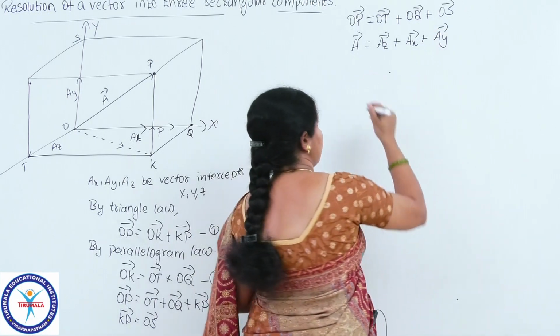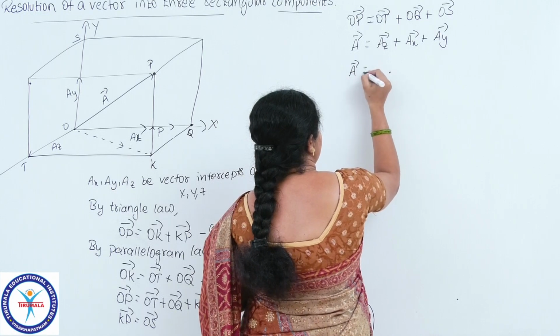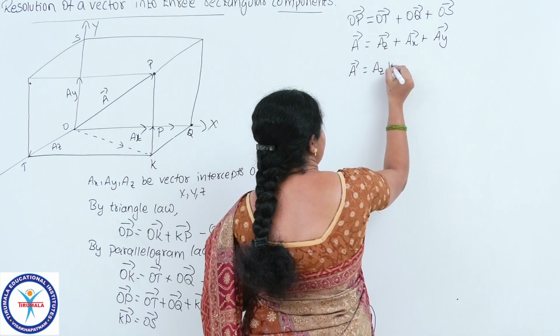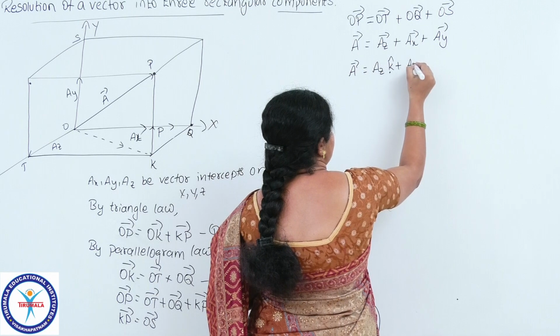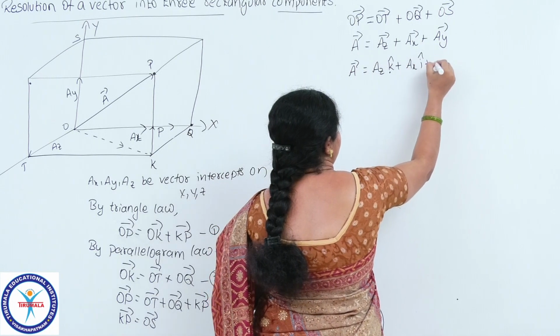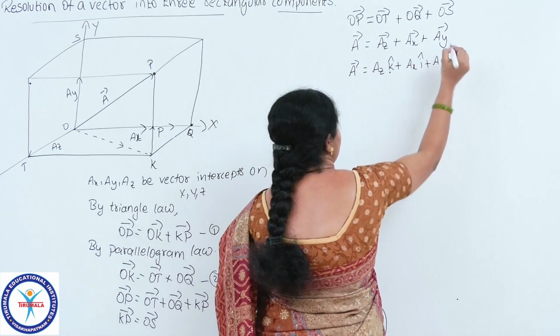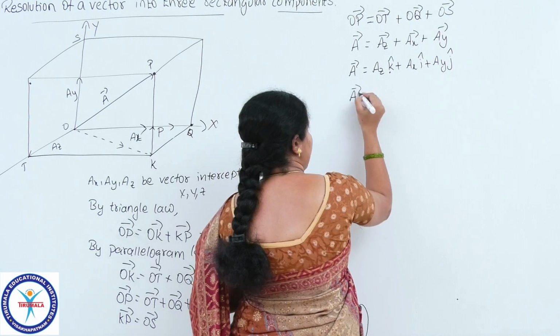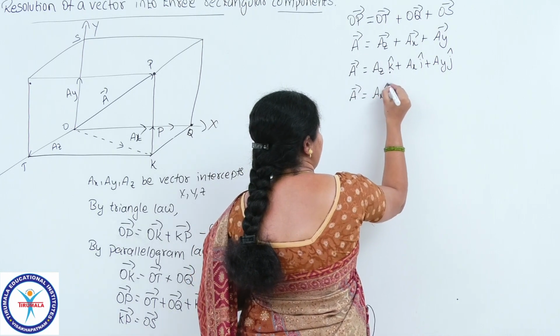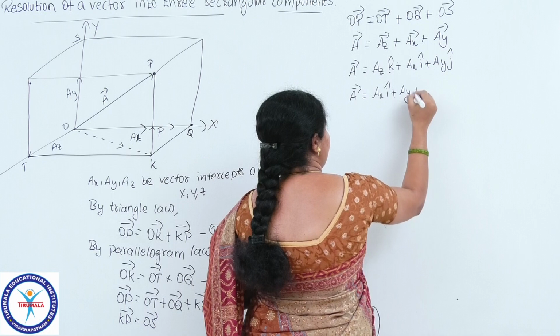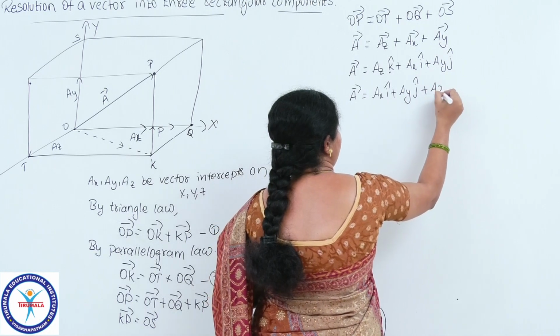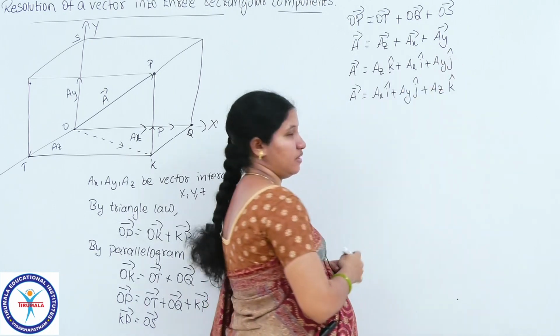So we can write A bar is equal to Az into k cap plus Ax into i cap plus Ay into j cap. Therefore, A bar equals Ax i cap plus Ay j cap plus Az k cap.